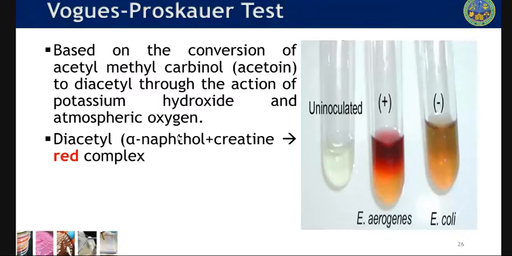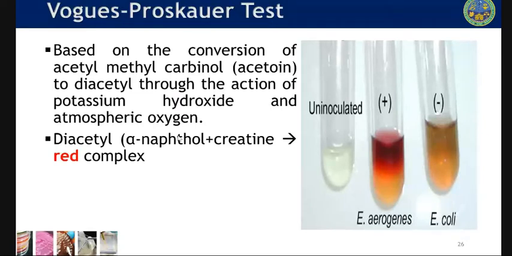What we do with these two tests is, either you inoculate one broth for 18 to 24 hours, and after incubation, you divide the broth culture tube and test it separately with methyl red and then VP test. Or you could inoculate two separate MRVP media, one for methyl red test and one for VP testing.